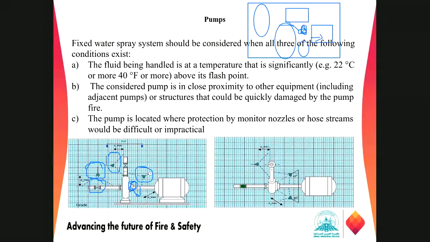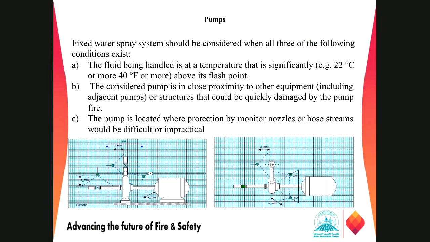So if you can see that one, right? This is a process pump, not a fire pump. We are not talking about the fire pump anywhere since the beginning. We are talking about the process pump, which is handling gasoline, liquid, chemicals, and all. So we need to protect it from exposure heat.